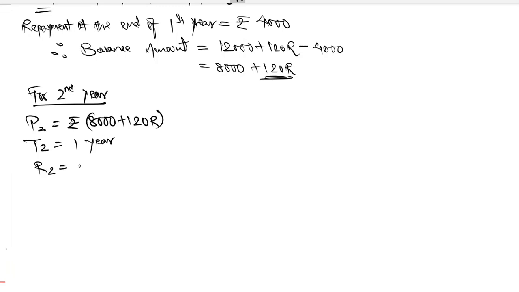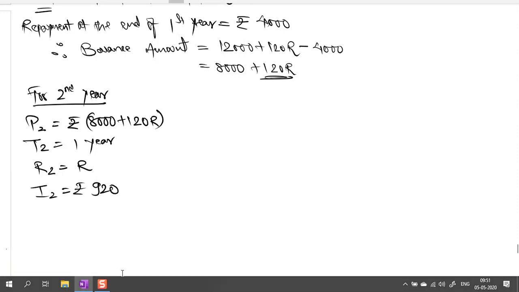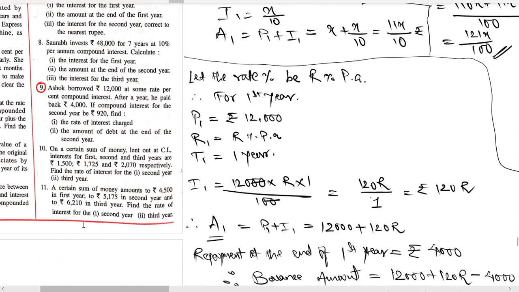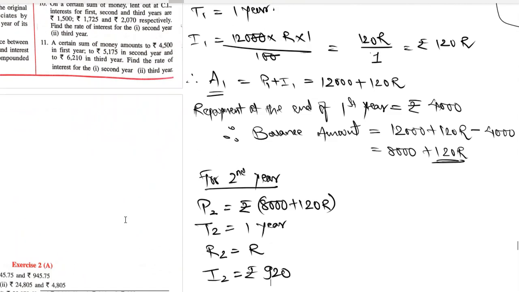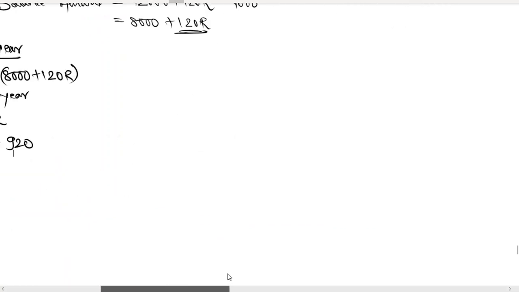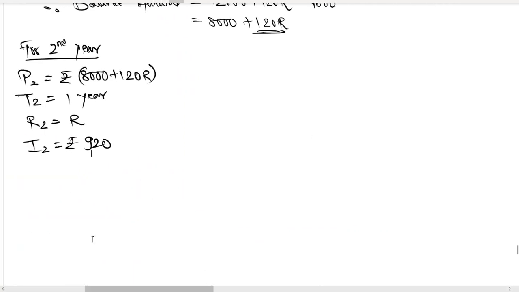R2 is the unknown R, and I2 is rupees 920. Let's check. Is I2 rupees 920? Yes.